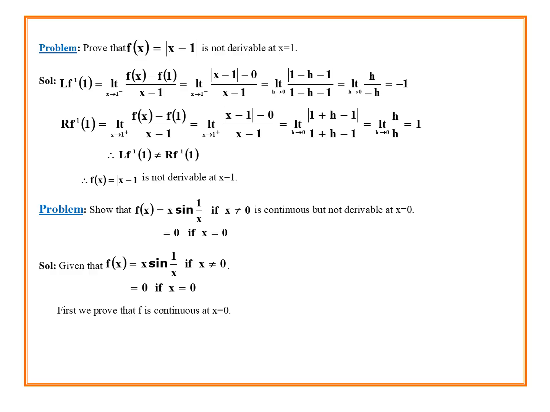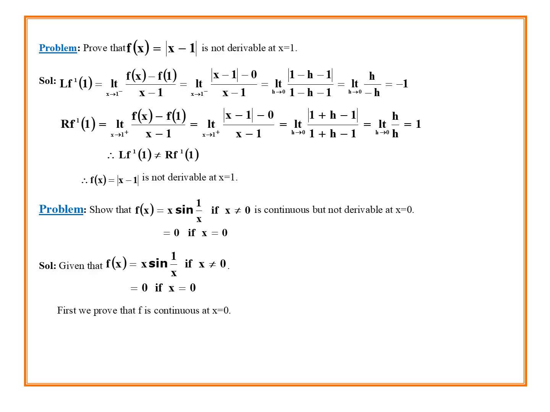That is equal to limit x tends to 1 minus, the given function f of x is mod x minus 1, minus f of 1, the value is 0, by x minus 1. Limit h tends to 0 of modulus of 1 minus h minus 1 by 1 minus h minus 1, that is equal to limit h tends to 0 of h by minus h, which is equal to minus 1.